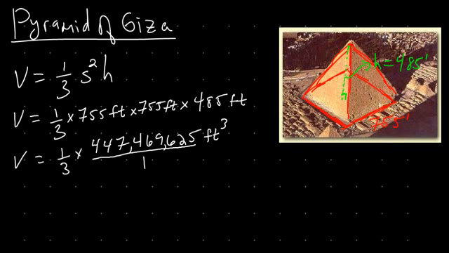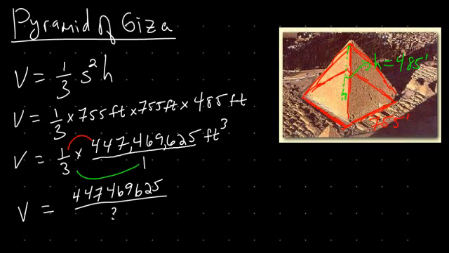When multiplying fractions, we do top times top and bottom times bottom, always. So I get that my volume equals 447,469,625 divided by 3 cubic feet.